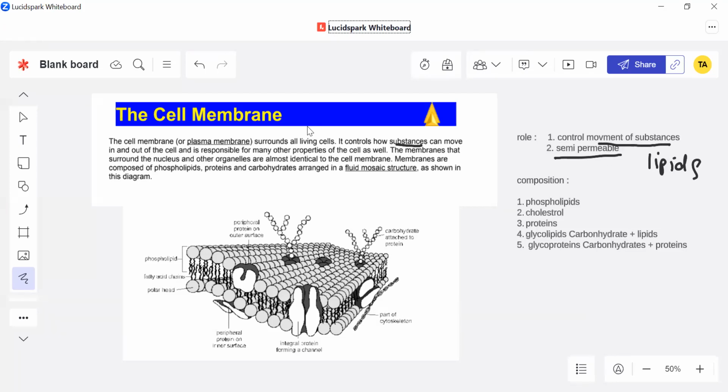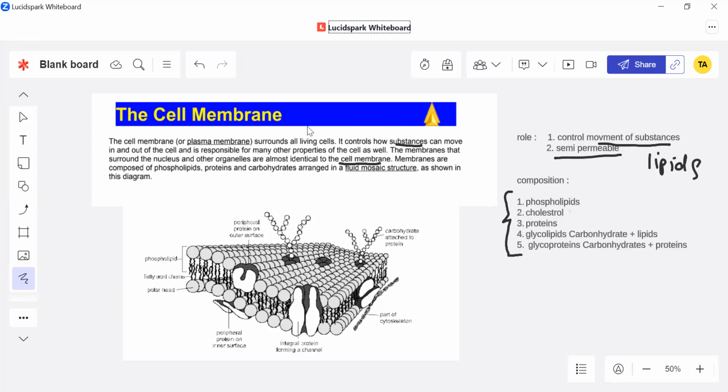So the membrane that surrounds the nucleus and other organelles is almost identical to the cell membrane. I said it earlier, all of the cells and organelles are surrounded by the same cell membrane, and the membrane is composed of these five compounds.